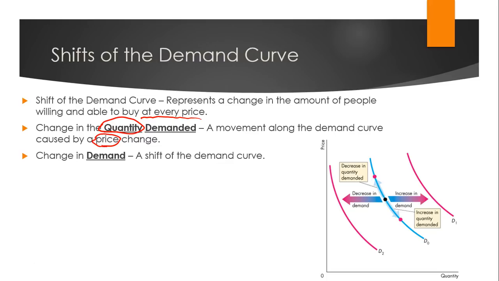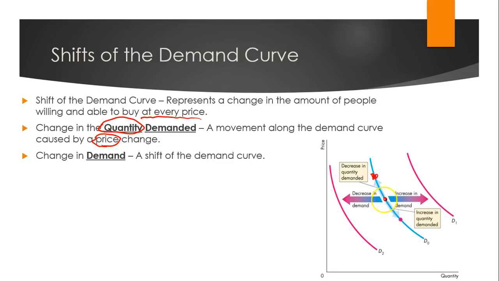Take a look at the chart over here on the side of your notes. We're going from a point on the curve to another point on the curve. As I went up that curve, moving along it from one point to the next, my price went up and my quantity demanded decreased.